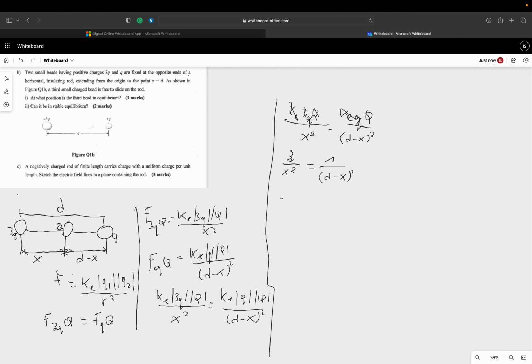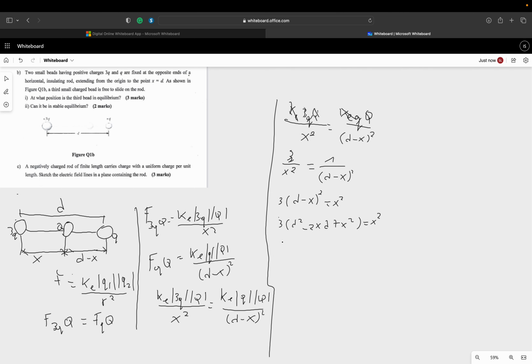Next we have 3 into d minus x, all that squared, equals x squared. When we simplify further, we have 3 into d squared minus 2xd plus x squared equals x squared.